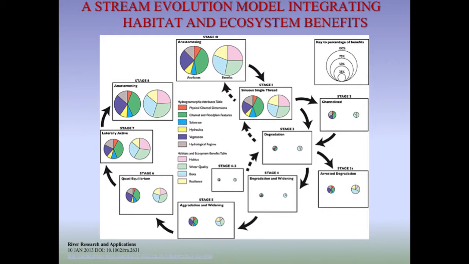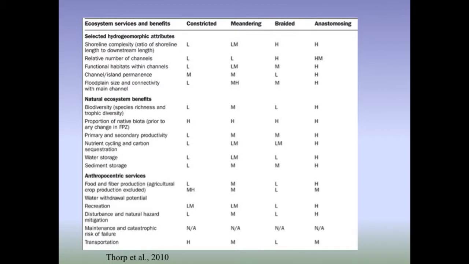As we move through processes of degradation and aggradation, we get a really substantial loss in function of the stream system. And as it starts to recover, moving back into quasi-equilibrium, laterally active, and finally anastomosing systems, we get a recovery of function. And again, we just summarize this in terms of categories of high, medium, and low.